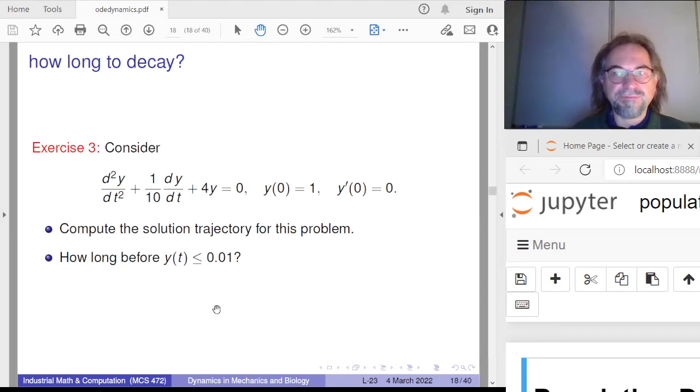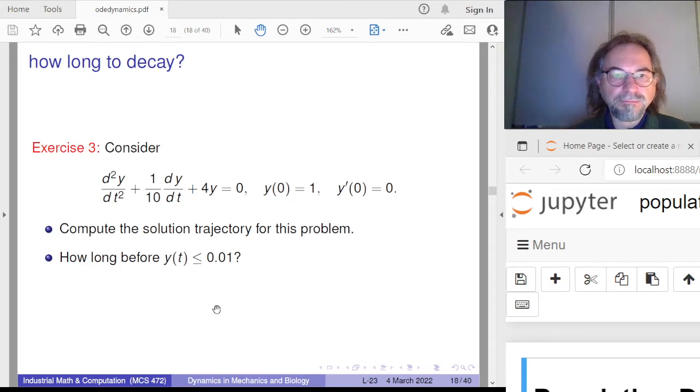If you have not done any of the exercises yet in this chapter, please look into how to solve a differential equation and how then to plot a solution trajectory. So you can solve this problem with a plot. If you zoom in at the time frame, you can see approximately how long it takes before you are at 1% of your original deviation.